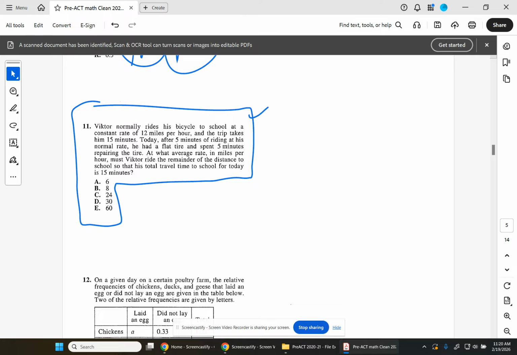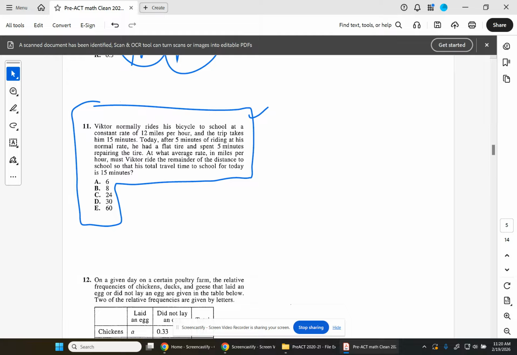And again, you can pause me at any time and start working on these that you want. And again, what I try to do here is try to figure out what's he doing in 15 minutes. Well, in 15 minutes, he's going 3 miles. I do know that. Victor normally rides his bicycle to school at a constant rate of 12 miles per hour, and the trip takes him 15 minutes.